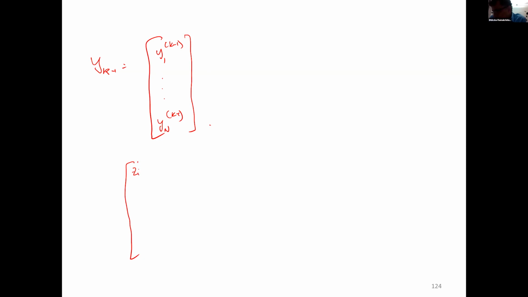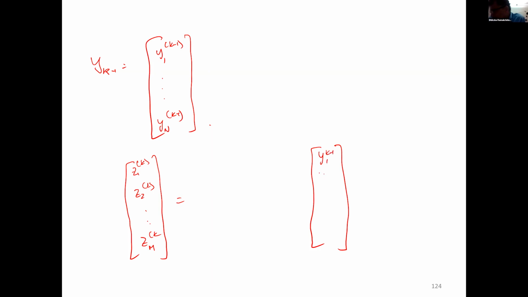z1k, z2k, zmk, what is this? I can write this as, so these are y1 k minus 1, y2 k minus 1, yn k minus 1. So how is this first term computed from these terms?